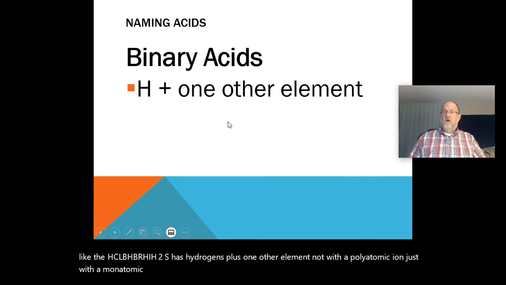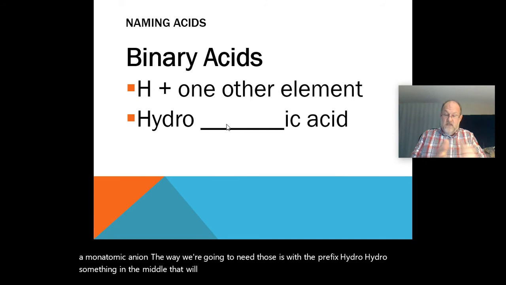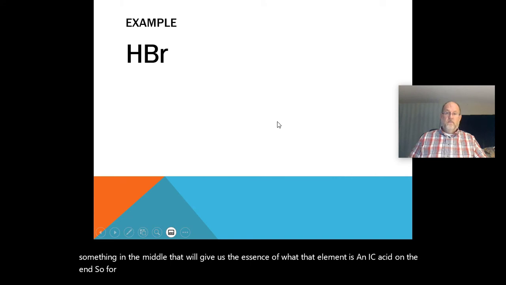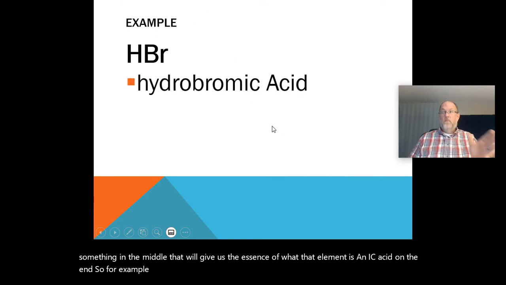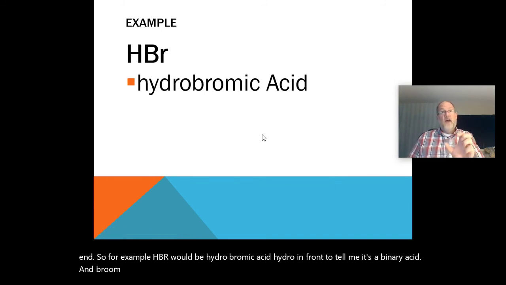The way we name those is with the prefix hydro, something in the middle that gives us the essence of what that element is, and ic acid on the end. So, for example, HBr would be hydrobromic acid. Hydro in front tells me it's a binary acid, and brom in the middle says the other atom is bromine.